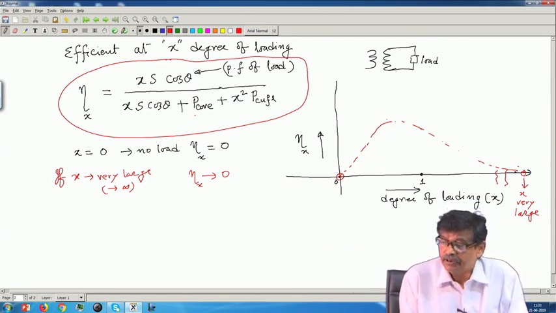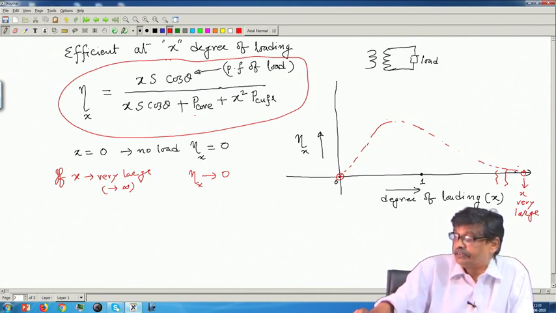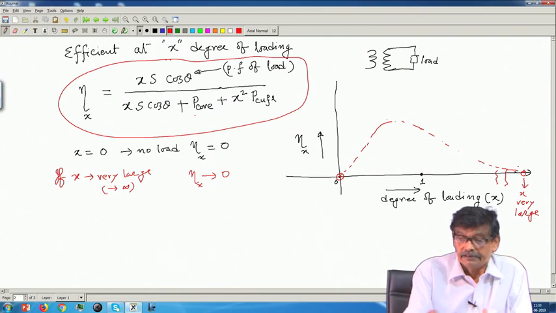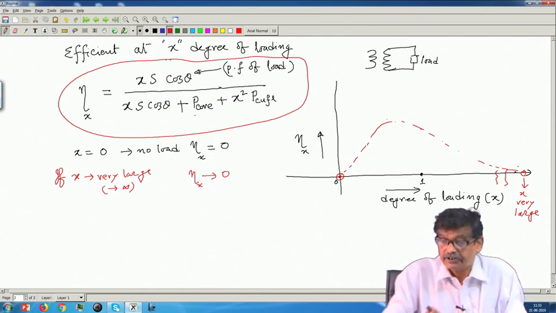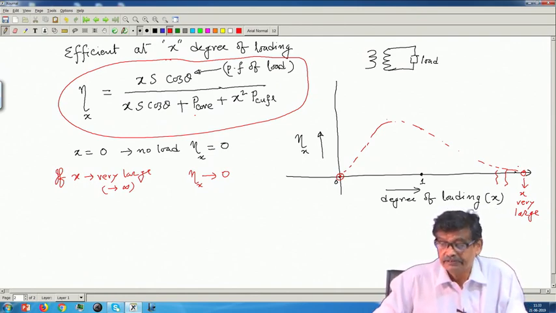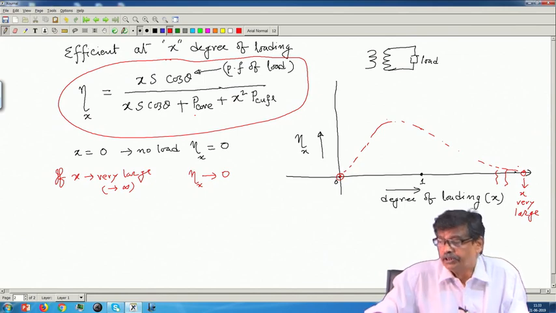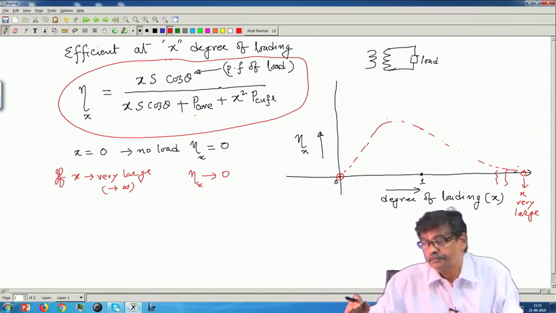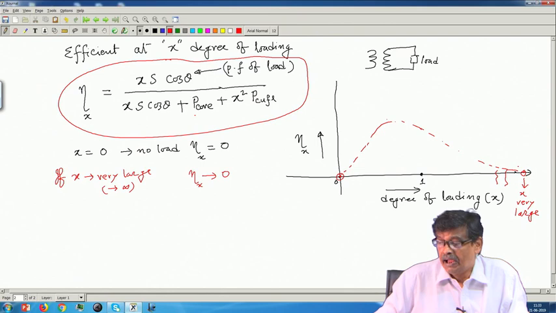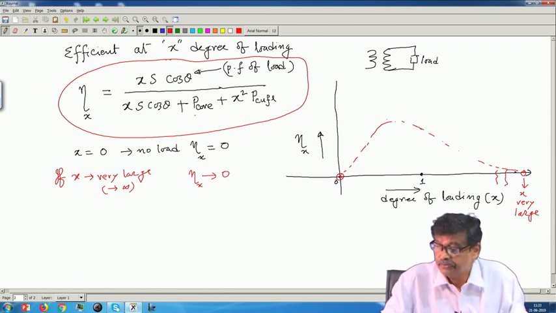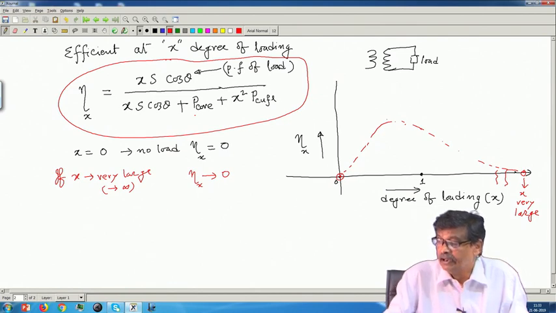Therefore, efficiency will rise, then finally it has come to once again 0 there, and it is a very reasonable expression of x, function of x, no complications. Therefore, it will be sort of a smooth curve, and I would then expect the efficiency to rise initially, and later it will start decreasing, becomes 0.